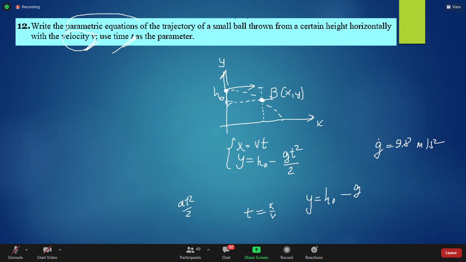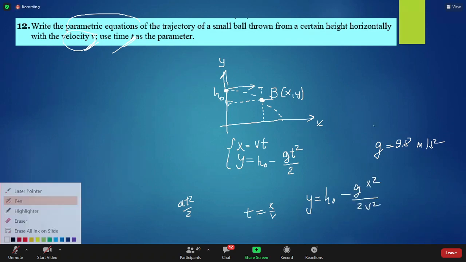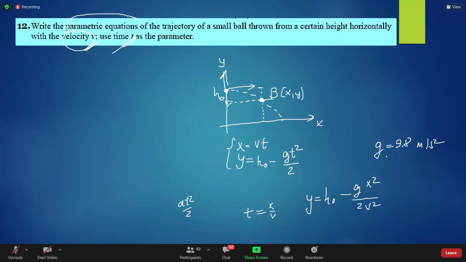I repeat, this is a constant, and v squared is a constant. So in principle, I have y equals something like c minus a x squared, where a and c are simply constants, some numbers. I'm not talking about acceleration in terms of a at this moment. So we see very clearly that, yes, indeed, it has to be a parabola.